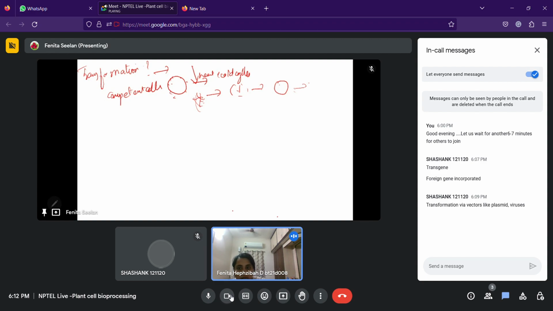So how do we do plant transformation? A few techniques I have explained, of how a transgene is incorporated into a plant system. Can you name any one technique most commonly used for transforming a plant cell? Any idea?